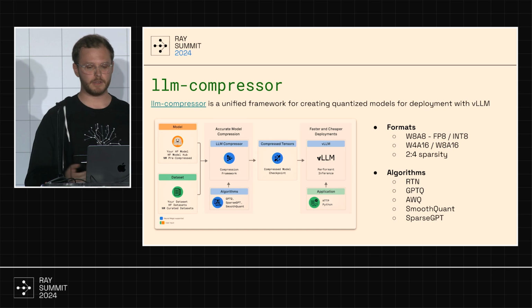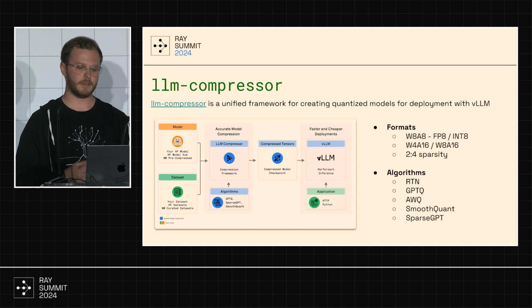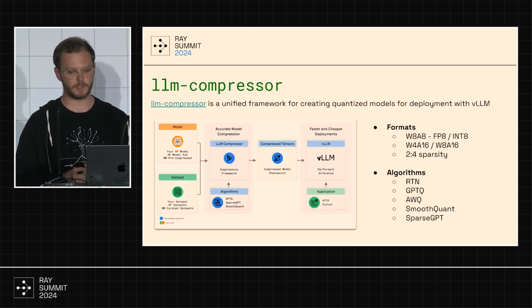The key flexibility of llm-compressor and the composability of all these algorithms and techniques allows users to experiment and determine the optimal quantization strategy for their specific model and specific use cases.